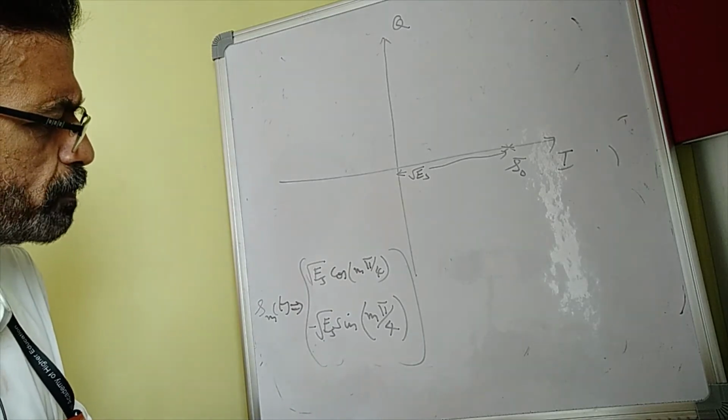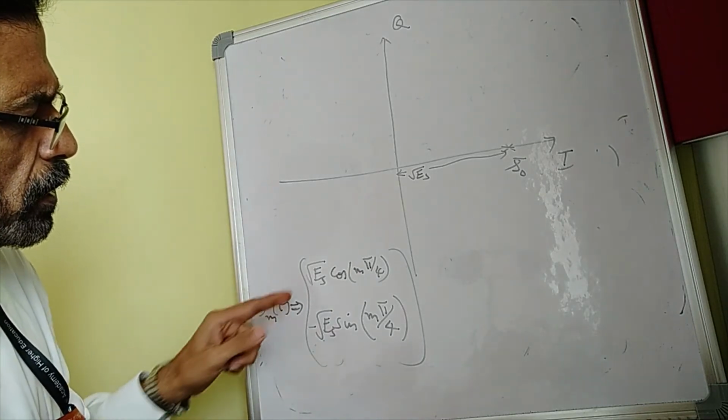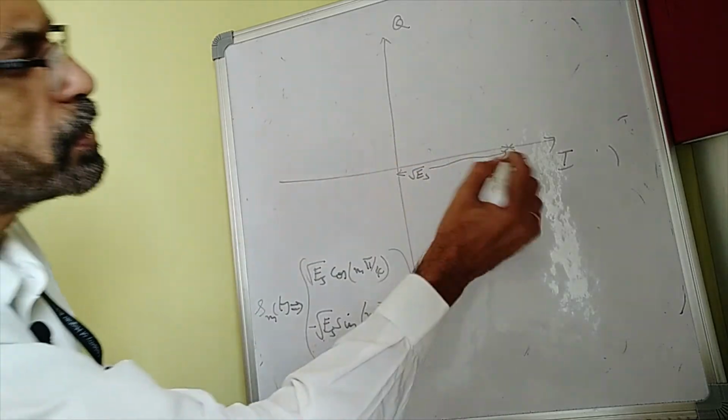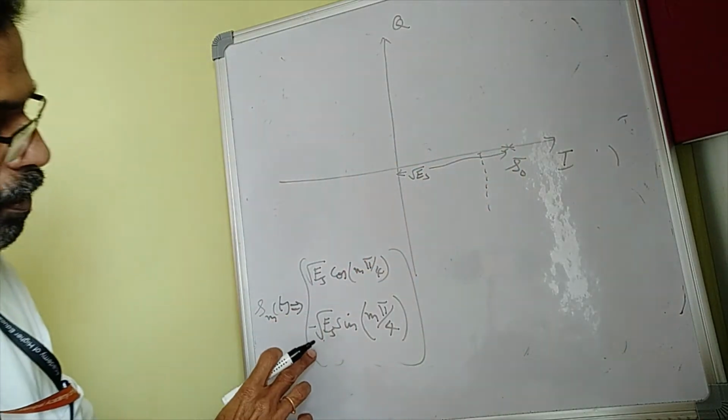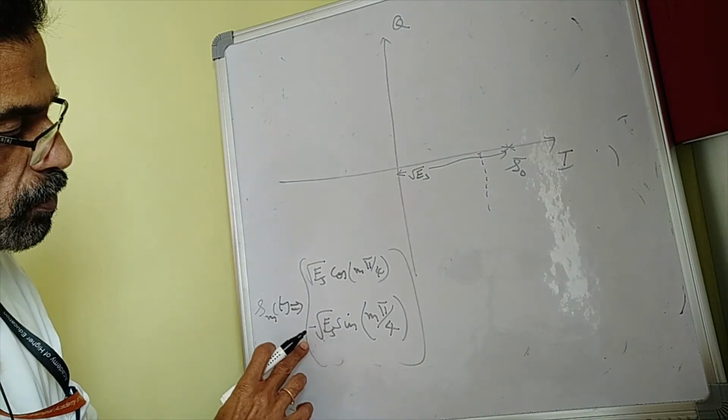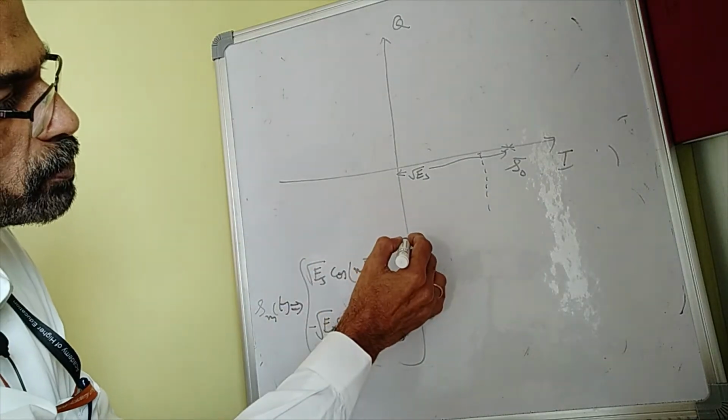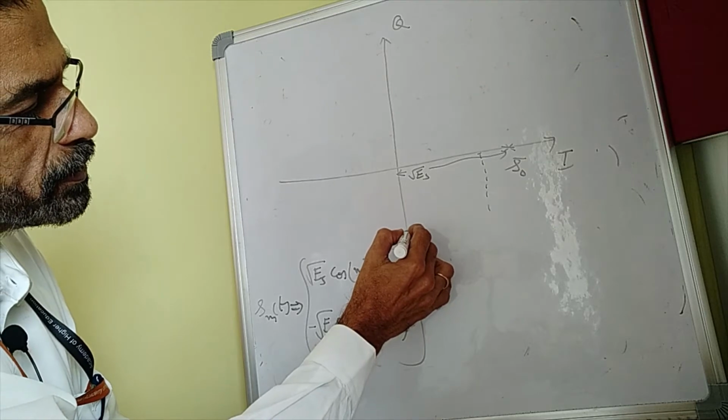So that gives us root of Es by 2, which will be roughly here, and minus root of Es by 2, that will be roughly here.